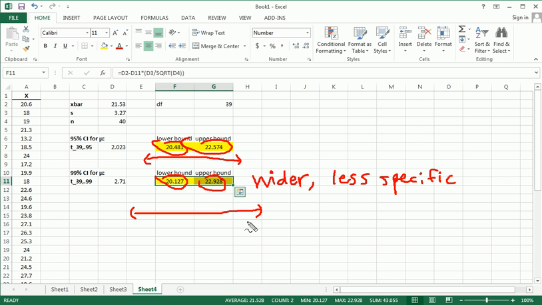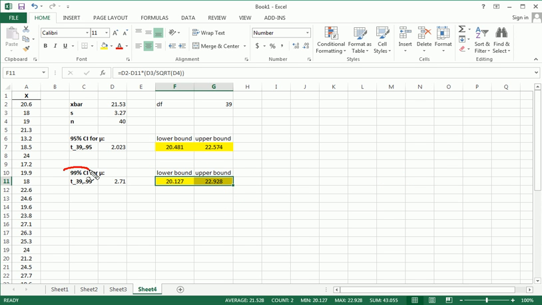So the idea is, if you wanted to be more confident and not become wider, then you can increase your sample size. So this is an idea that is discussed in statistics, that taking a larger sample size is always going to yield more reliable information. And I think that is intuitively understandable.